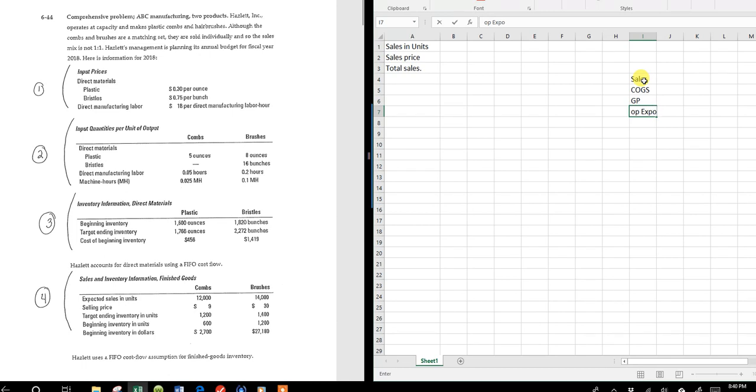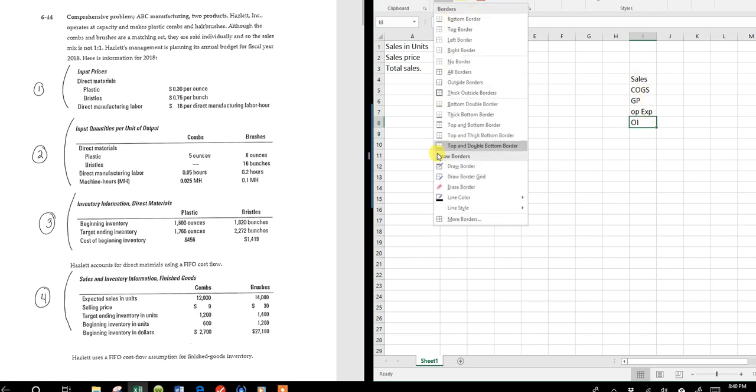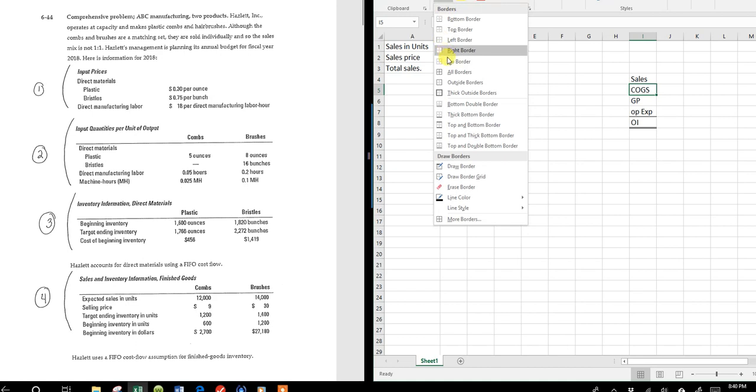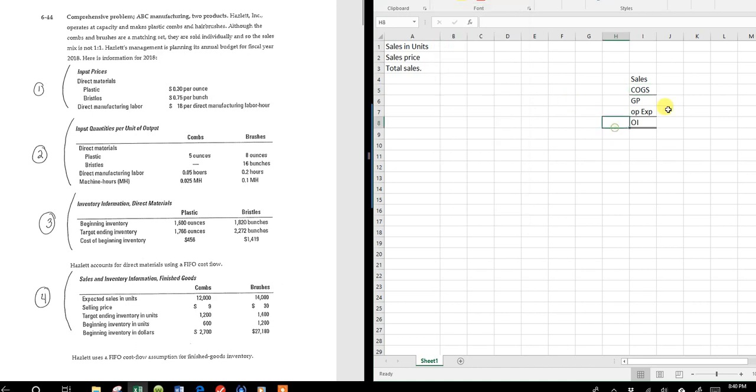Gives you operating income. And so in an income statement, we want our budget to align with this. So in the end, our whole goal is to have a pro forma income statement, or what our income statement is going to look like next year.